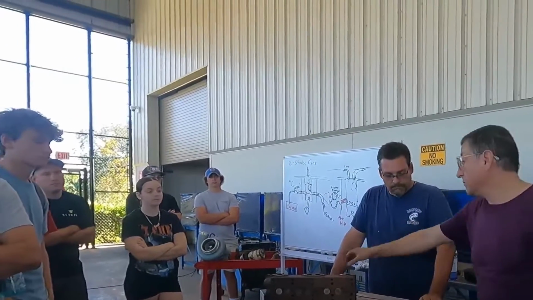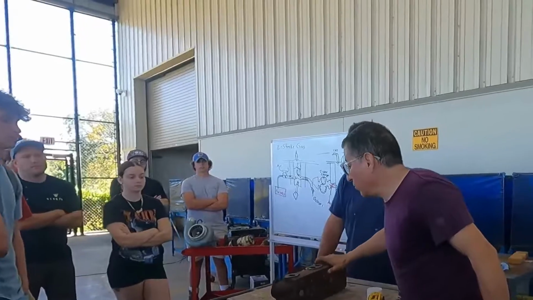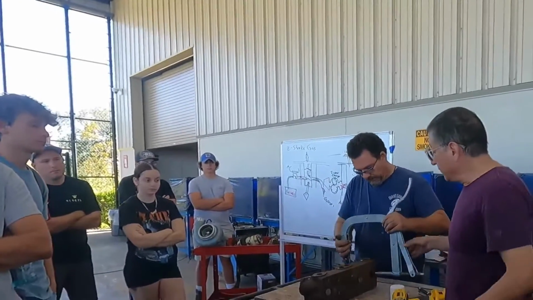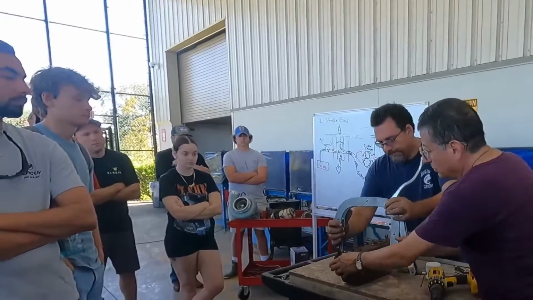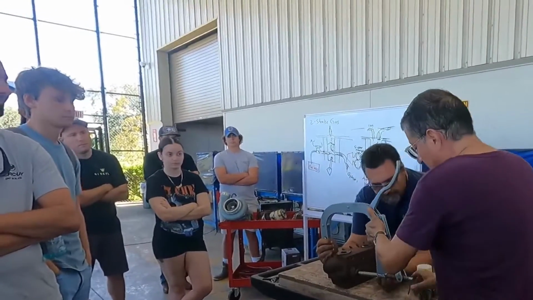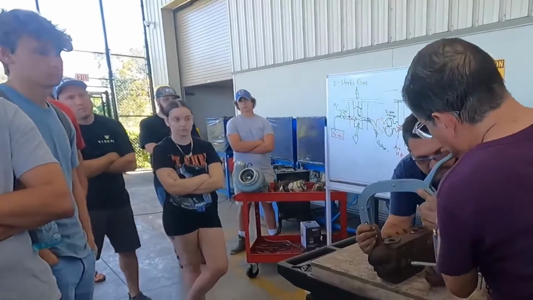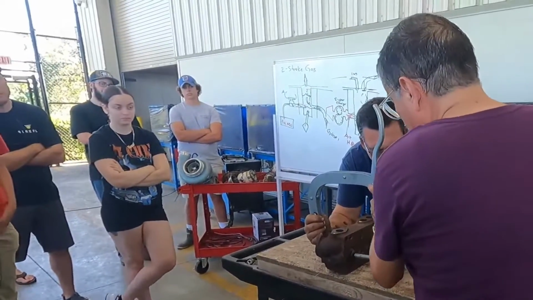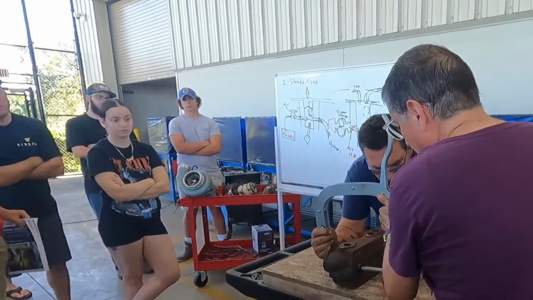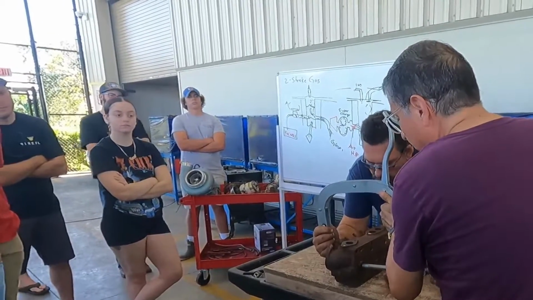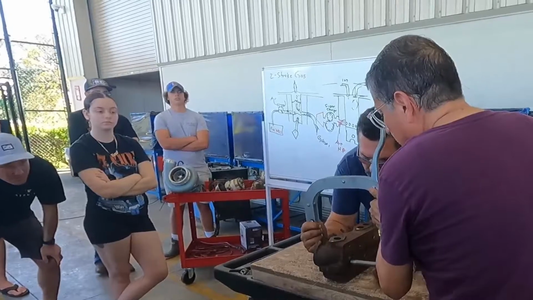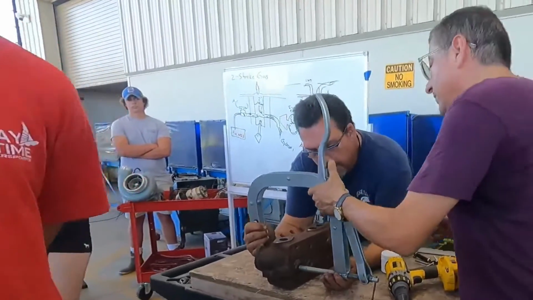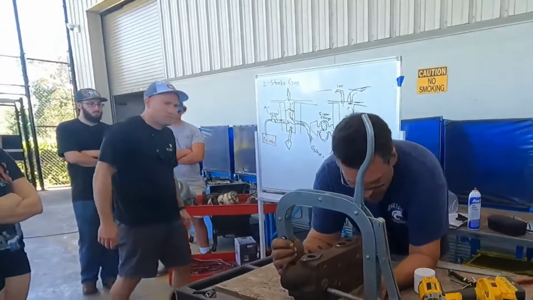Right now it's easy because the head is out, and we are going to use the tool with Danny to remove the valve. Okay, that one in front of the head, you see? And now with this, we have the magnet.